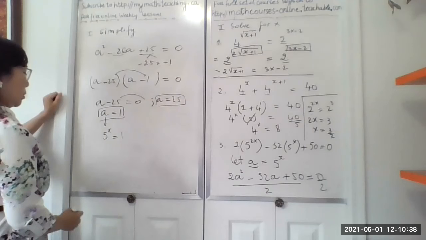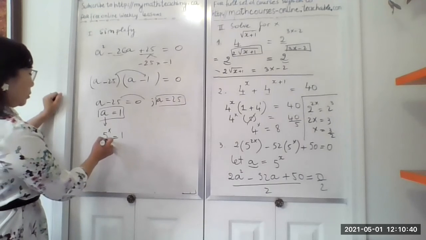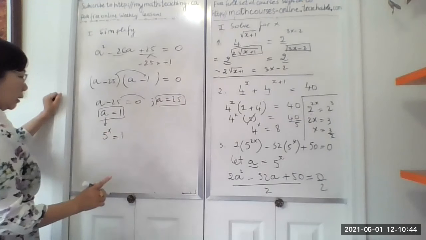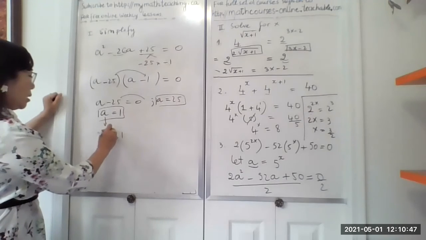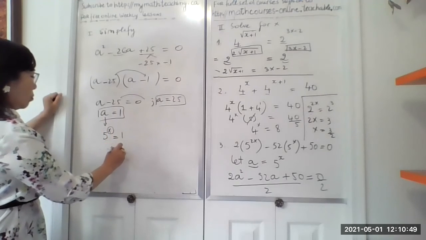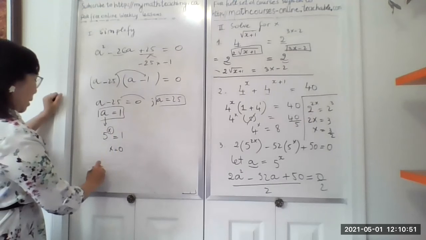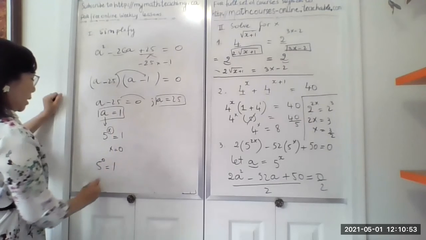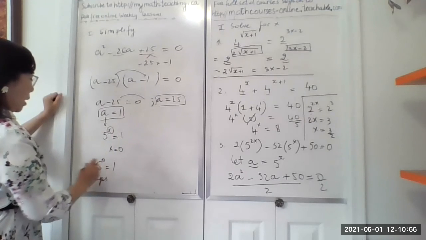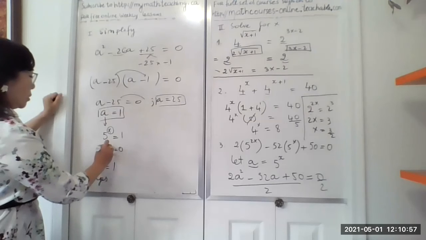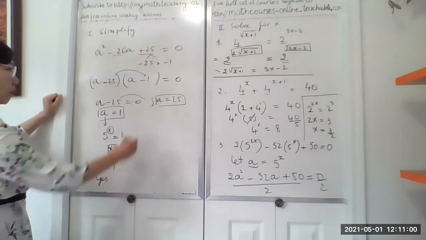So what does that tell us? I am not going to be able to change the 5 to become a 1 unless the x here has to be equal to 0. Because if I have 5 to the power 0, then yes, it's equal to 1. So x equals 0 is the first answer.